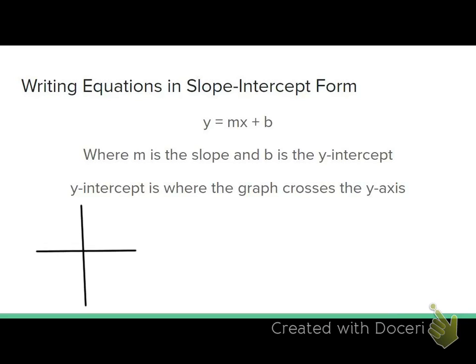So if we were to have some axes drawn in here, and we draw in a line on those axes, at the point where we cross the y-axis, that is our y-intercept.